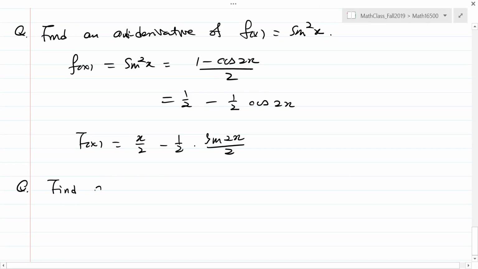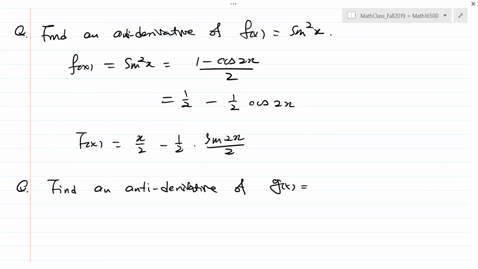Okay, I'm going to ask you to do the next one. Find an antiderivative of secant squared x. We're just trying to figure out what derivative gives you this.